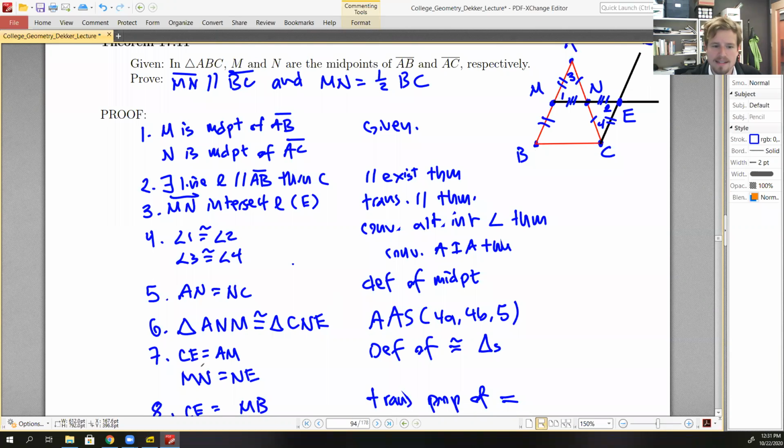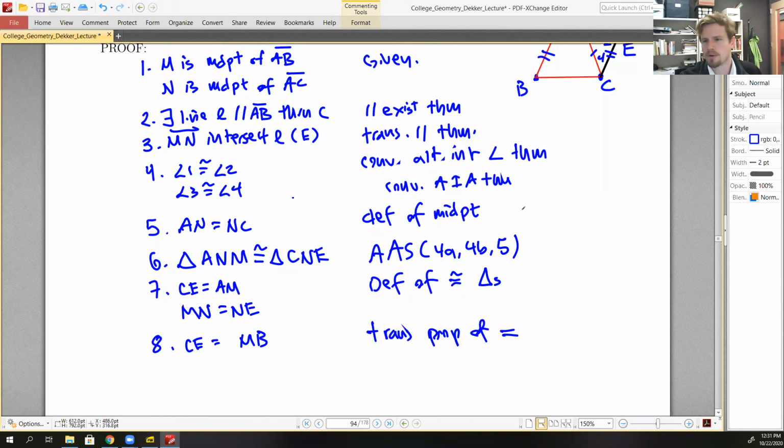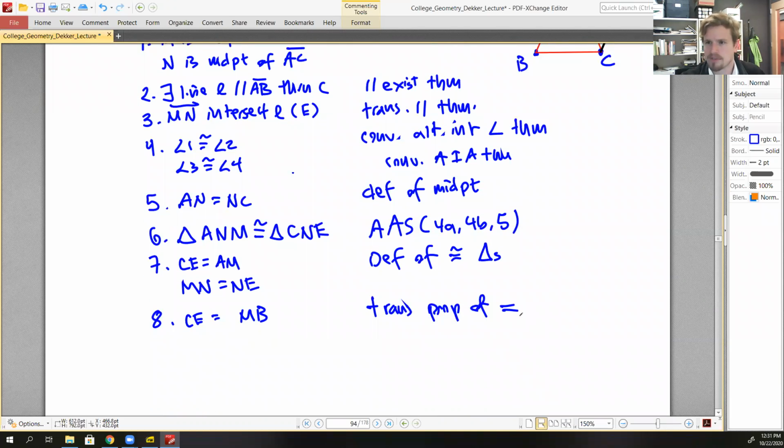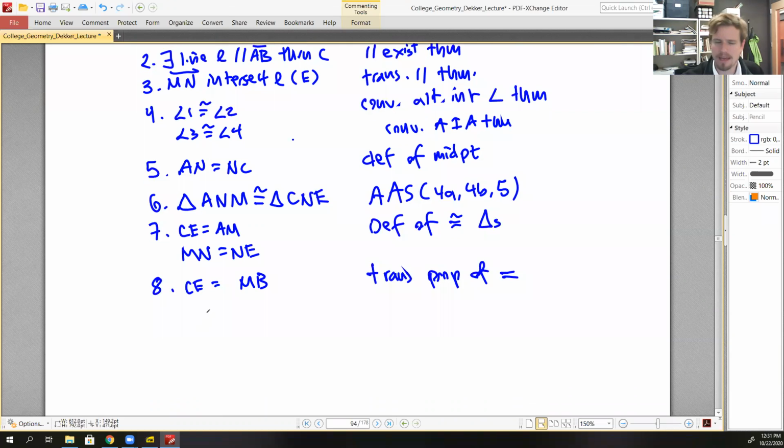We have that CE is equal to AM because of the congruent triangles, and we have that AM is congruent to MB because of the definition of a midpoint. So it's because of the transitive property of equality, even though I didn't specify that explicitly here. It might not be a bad idea to have done that, so I apologize.